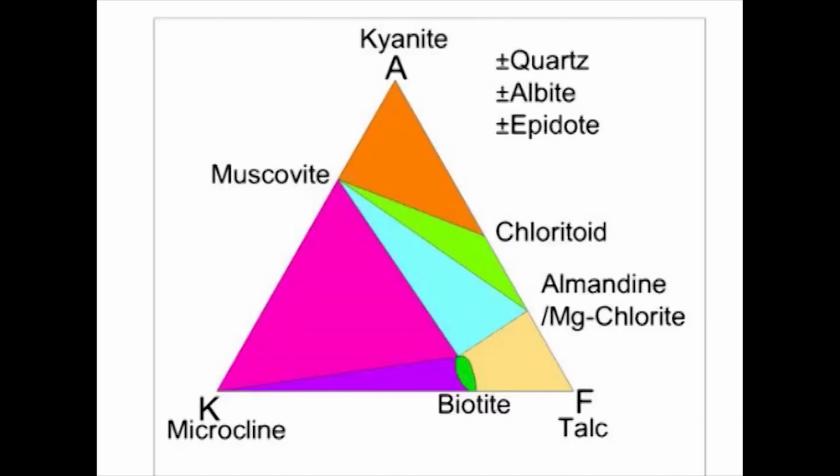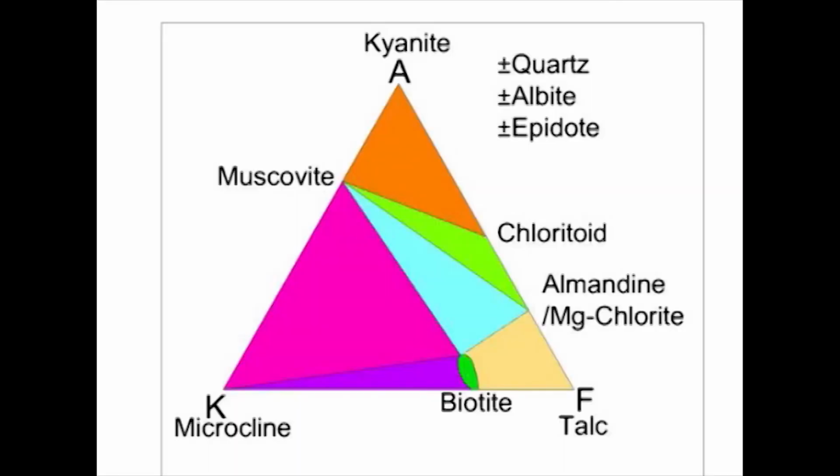Seventh assemblage is your chlorite plus biotite plus or minus epidote plus or minus muscovite and plus or minus albite, quartz, known as chlorite biotite schist. Eighth is your biotite, microcline plus or minus muscovite plus or minus epidote, quartz and albite, also known as biotite schist. Now switch to higher grade of metamorphism, that is your amphibolite facies.